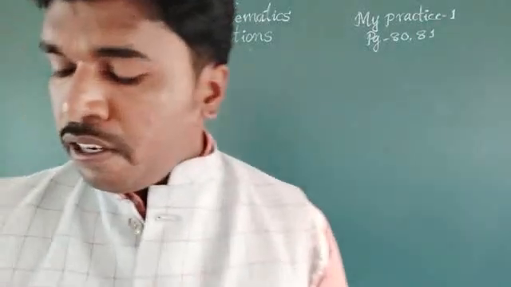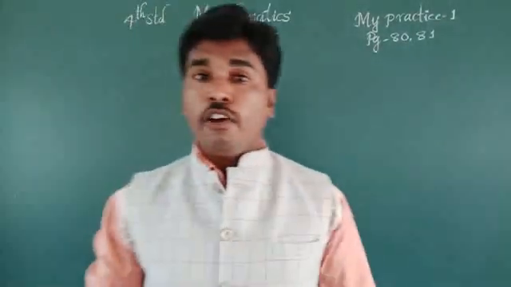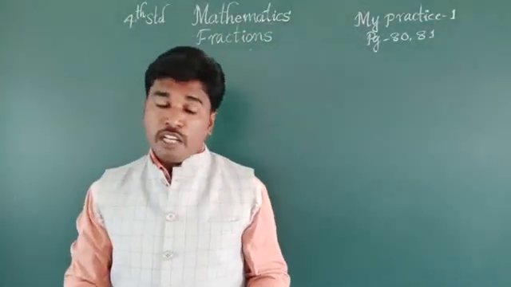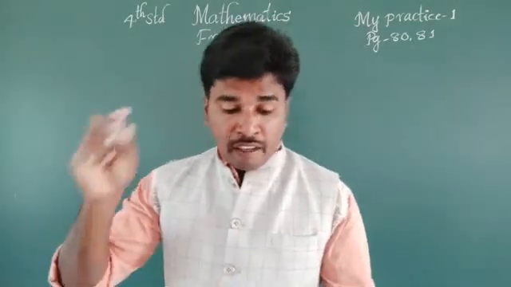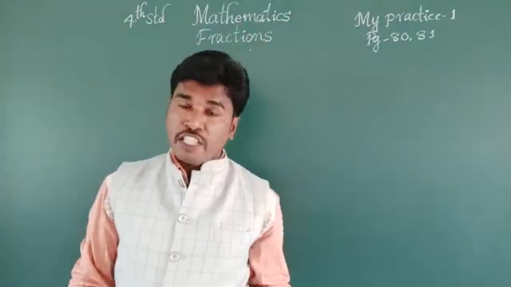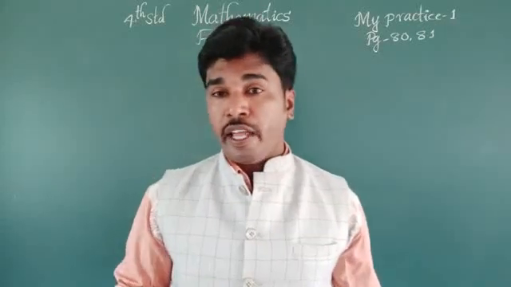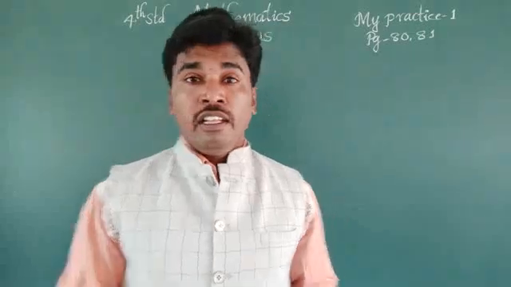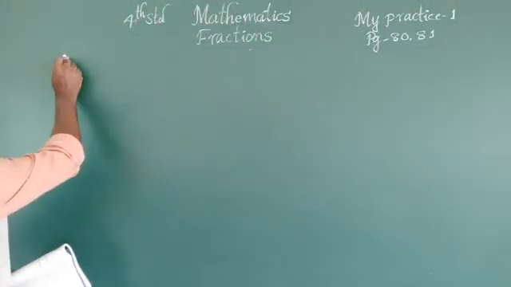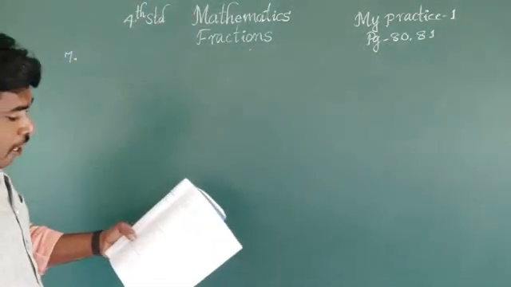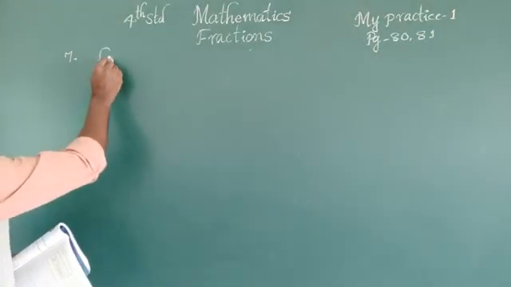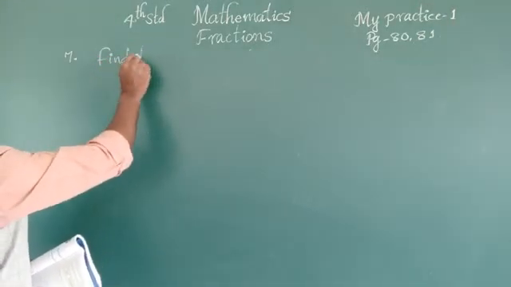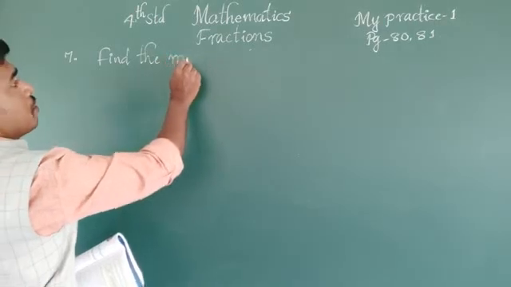Find the equivalent fractions for the following. The fifth main is completed, yesterday only explained. Write any 4 equivalent fractions for the following also. Yesterday I explained. Dear students, please complete the 5th and 6th main. Now I should proceed to the 7th main. It is find the missing numbers.